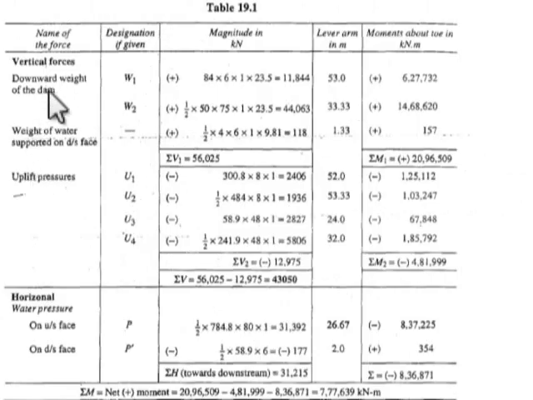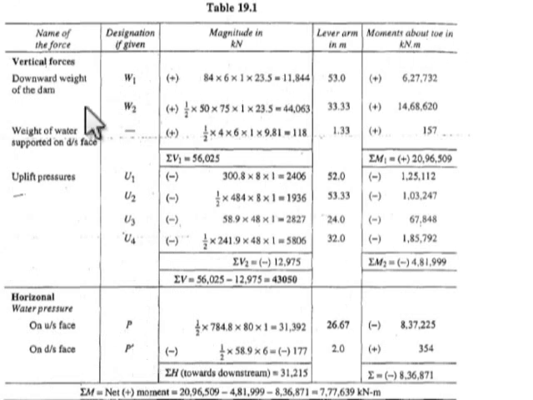There is the downward weight of the dam, the weight of the water downstream, and uplift pressure. This is also a vertical force, but it is negative since it is on the upward side, so we mark it as negative. And then the horizontal water pressure: on the upstream face, this is water pressure; on the downstream face, this is minus tailwater pressure, due to the tailwater level.